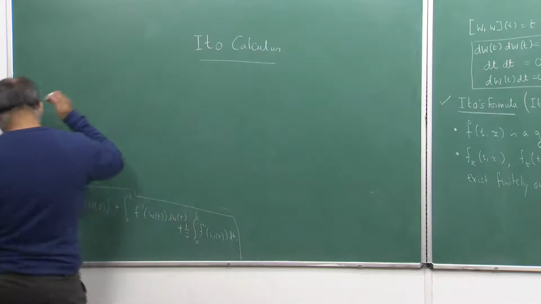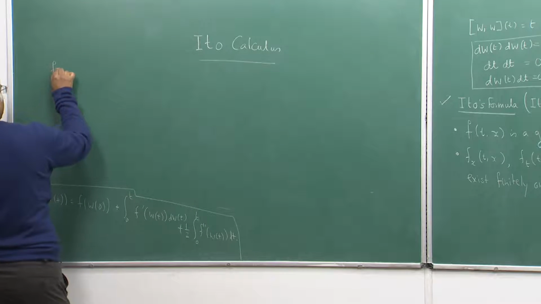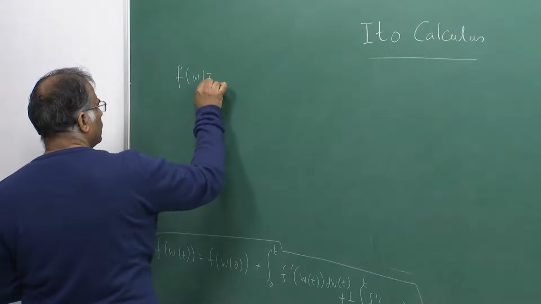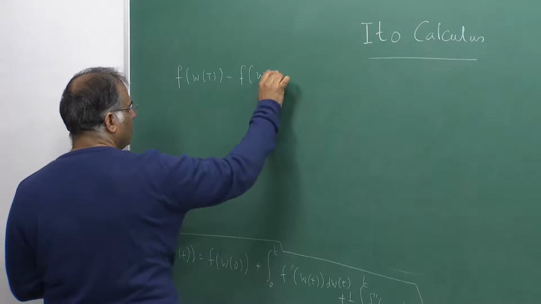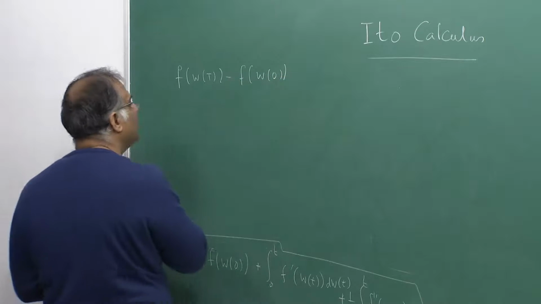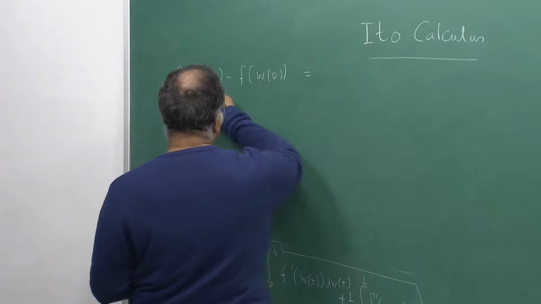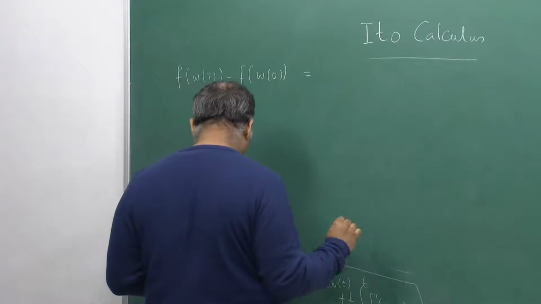So now, if we take the partition, then let me look at this. This is nothing but the collapsing sum, W_0 is 0 anyway. I have forgotten the t, f is half x squared.